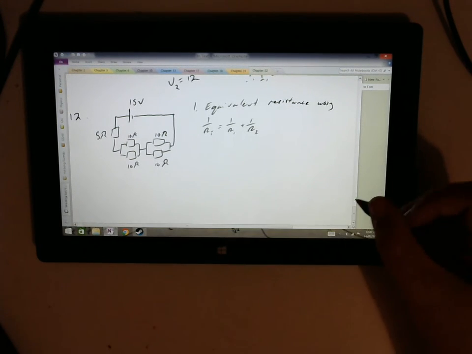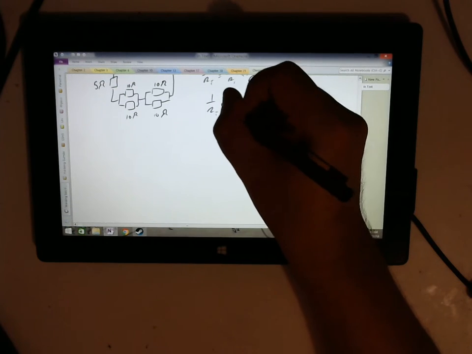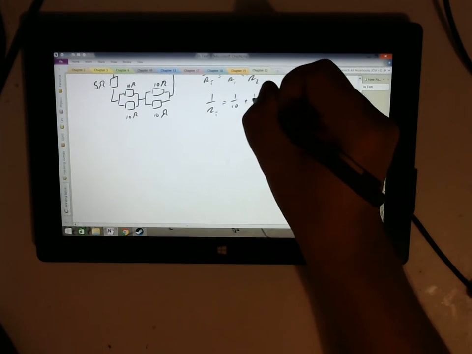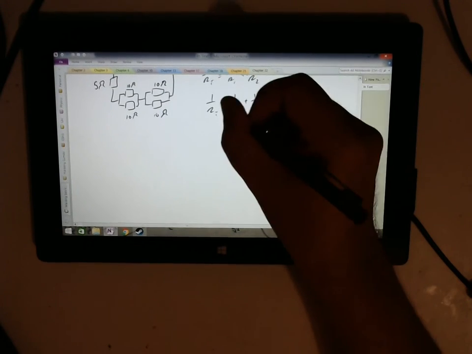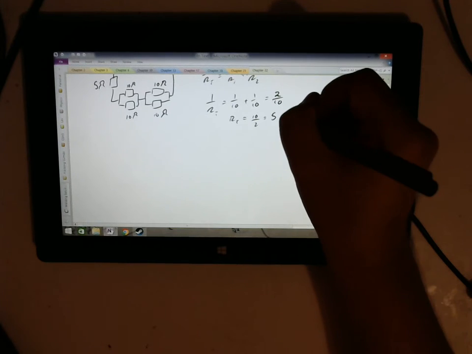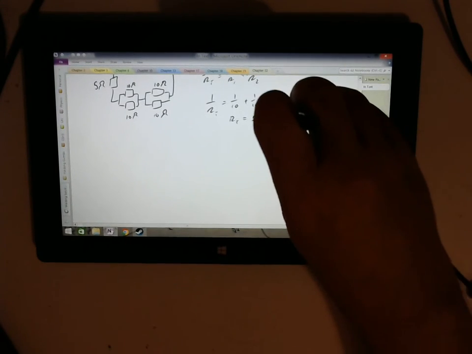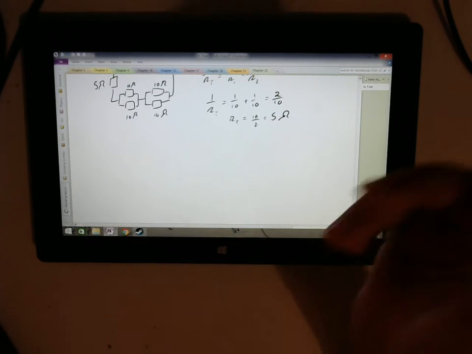Okay, so let's work that out. 1 over RT is going to equal 1 over 10 plus 1 over 10, which equals 2 over 10. And that means RT equals 10 over 2 equals 5 ohms. So both of those are going to be 5 ohms.